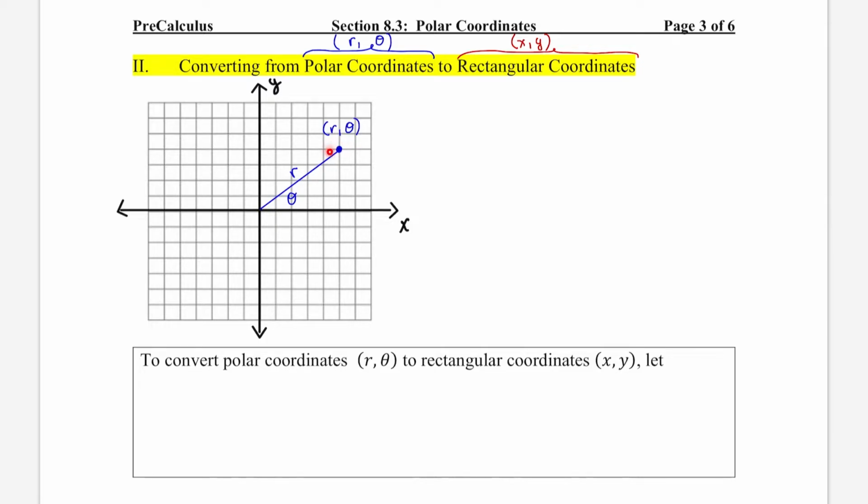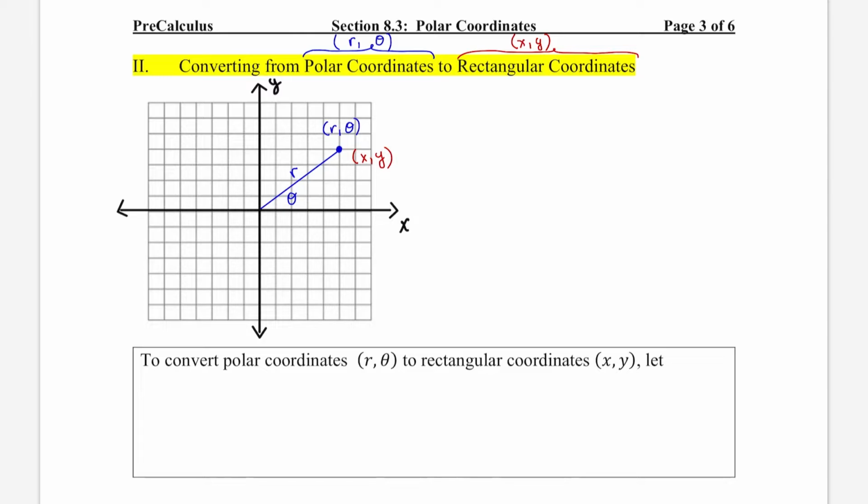Now, it doesn't matter if the point is in polar coordinates or rectangular coordinates, the position of the point is going to be the same. So now, if I convert that into x and y, I would have exactly the same location for that point. So this point in the rectangular coordinate, we call it x and y.